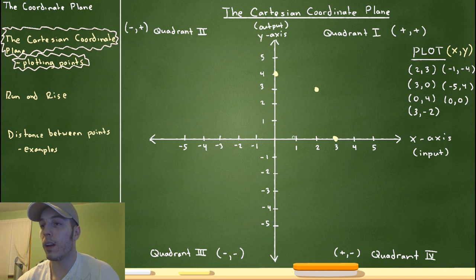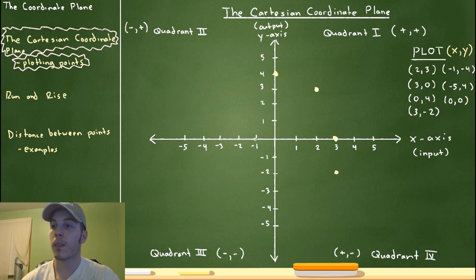We're going to move right 3, 1, 2, 3, and then down 2, 1, 2, and my point would be right here. Okay, we have 3 more. We have negative 1, negative 4. That means move left 1, and then down 4. So 1, 2, 3, 4, and we'd be right here.